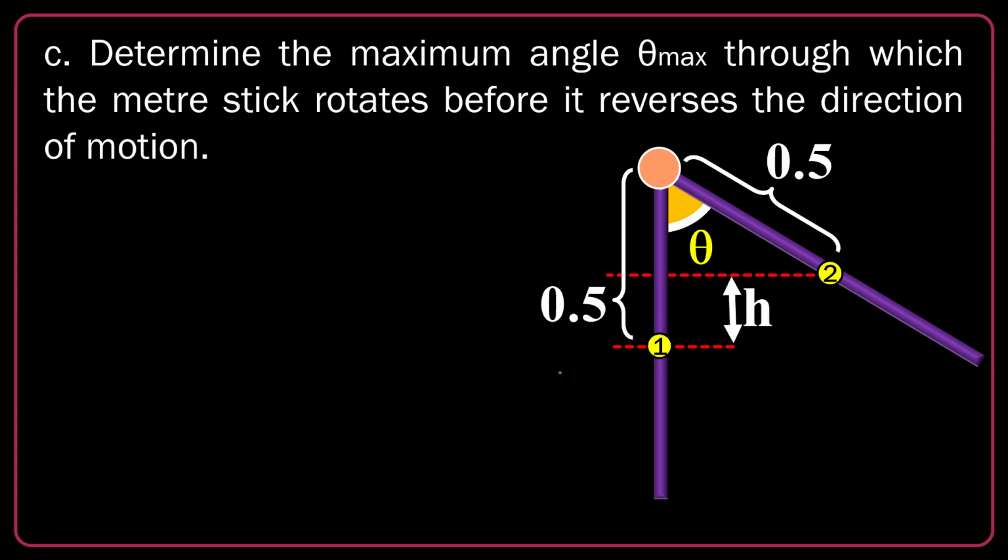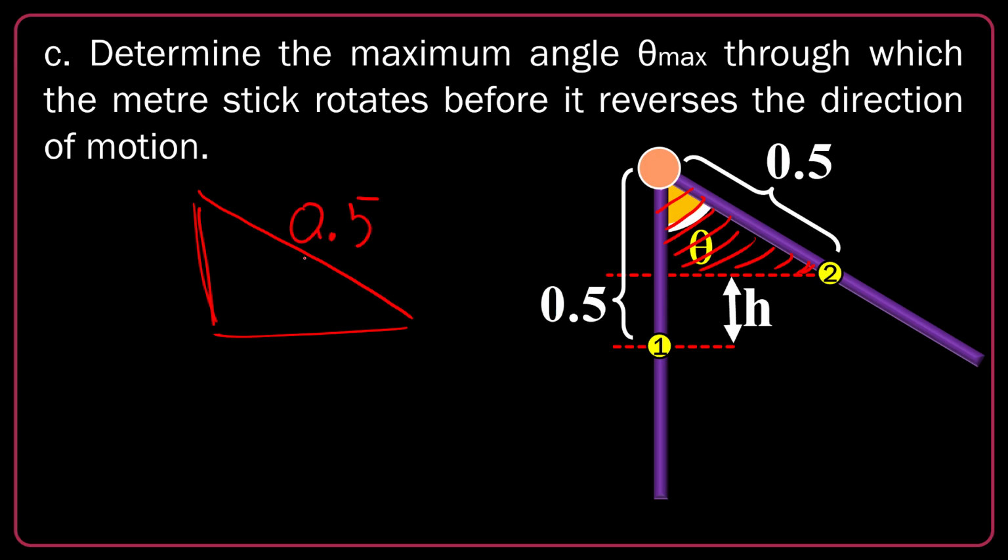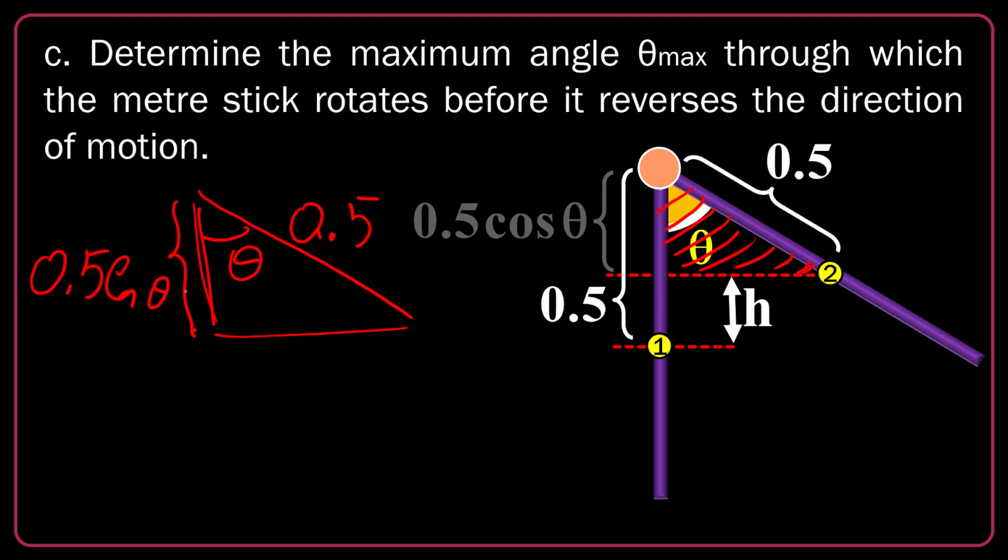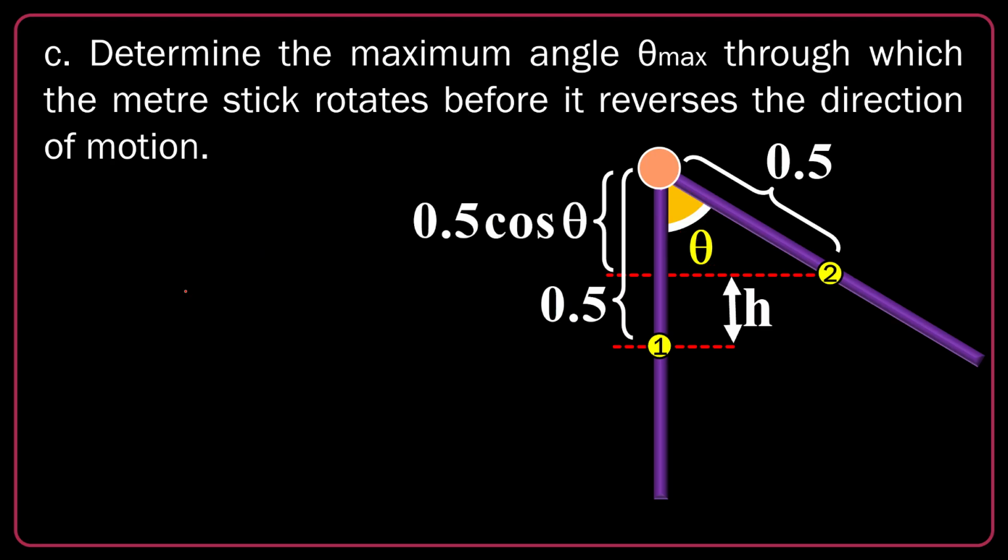To find the h, it's very easy. Look, in this triangle, the hypotenuse is 0.5. Here I have theta, and then here I have 0.5 times cosine of theta. H is exactly 0.5 minus 0.5 cosine of theta. You see, H is related to theta.